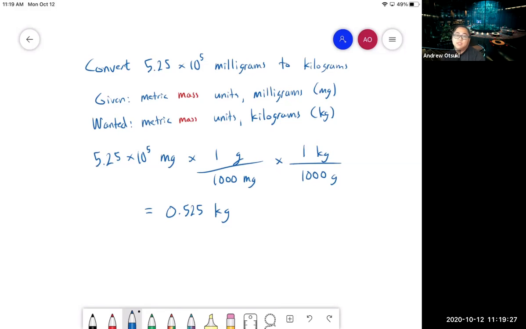So kilograms is larger than milligrams. If we start out with a very big number for milligrams, our number at the end should be small in comparison for kilograms. And in fact, that is what happens here.